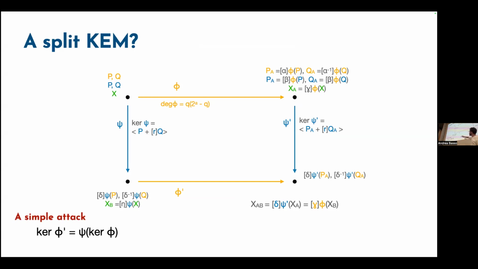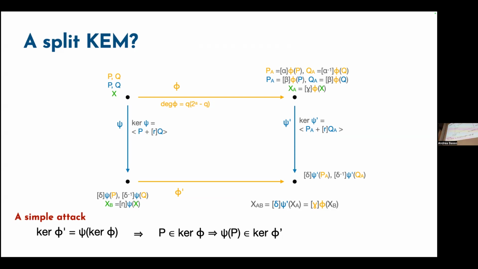So the kernel of this isogeny down here is the image of the isogeny up there under psi. Which means that if we have a point of relatively small order that we can access, then we know that the image of that point will be in the kernel of the isogeny here.